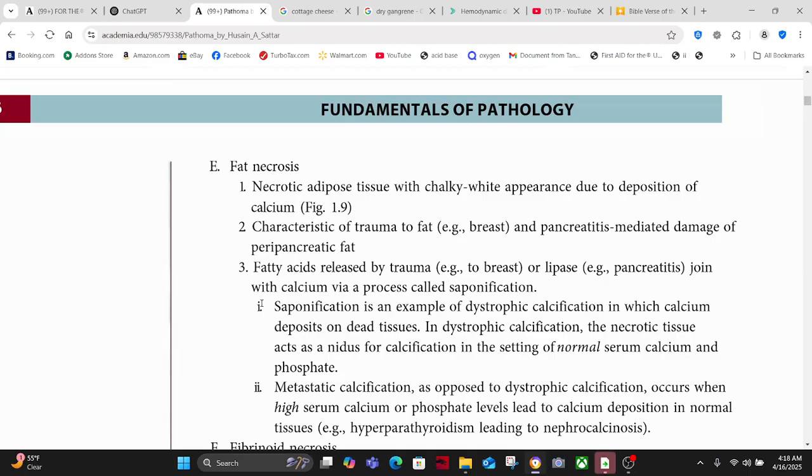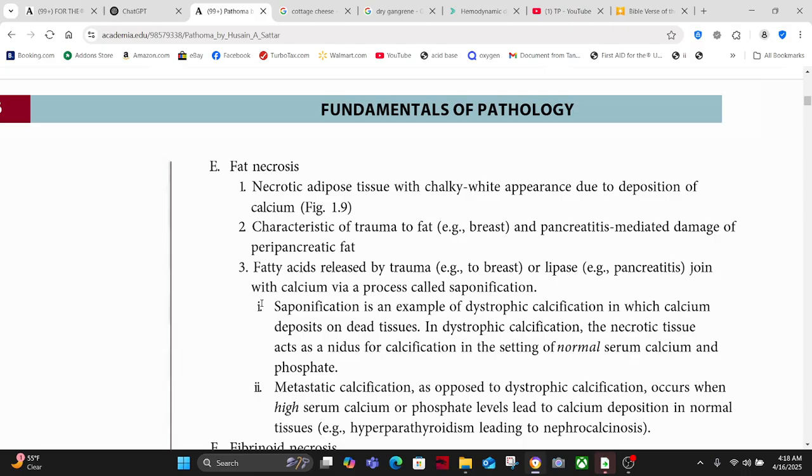Fatty acids released by trauma, like in the breast, or lipase, like in pancreatitis, join with calcium by a process called saponification. Saponification is an example of dystrophic calcification, in which calcium deposits on dead tissues. In dystrophic calcification, the necrotic tissue acts as a nidus for calcification in the setting of normal calcium and phosphate.